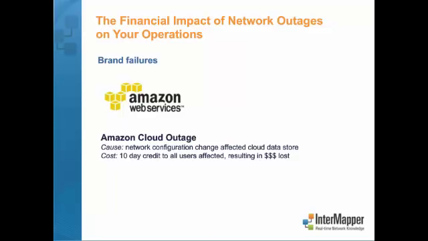So you can imagine how many customers Amazon has, and to provide them 10-day credit based on a misconfiguration, a simple misconfiguration that could have been caught, that should have been caught or never happened, that cost them a lot of money. So just to jump back, Tony mentioned earlier a few brands with some security issues, some security breaches that were quite frankly very embarrassing on their part.